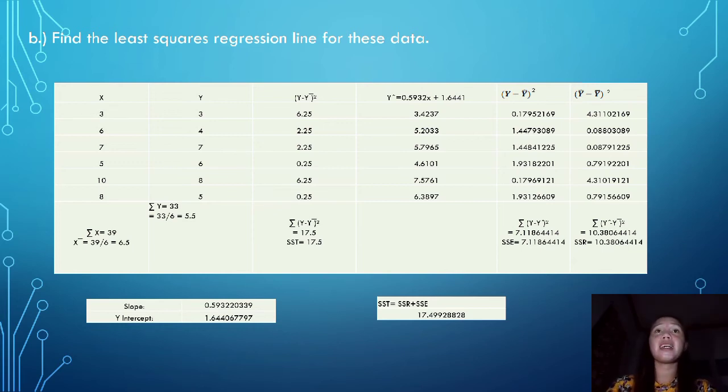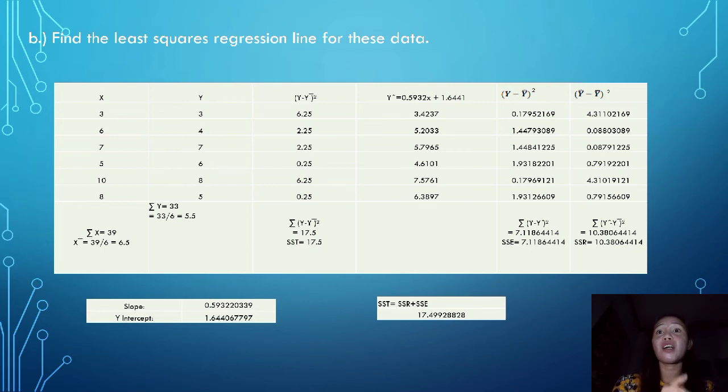To determine the intercept, we again use the formula in Excel: equals, write the word intercept, open parentheses, y, comma, x, close parentheses, then enter, and we come up with the result of the intercept.